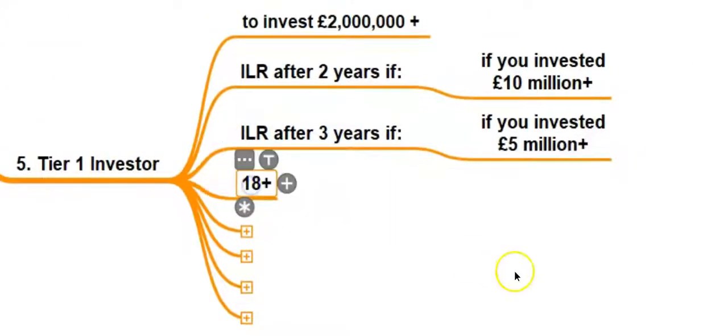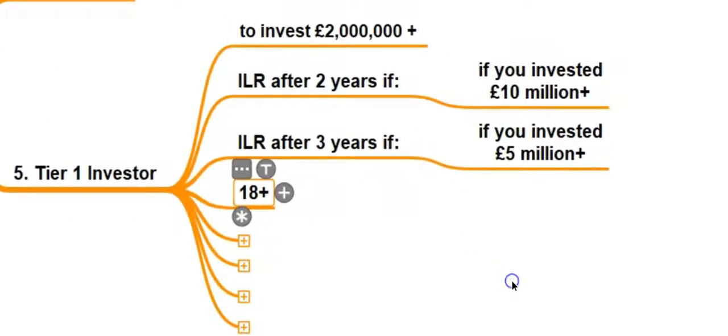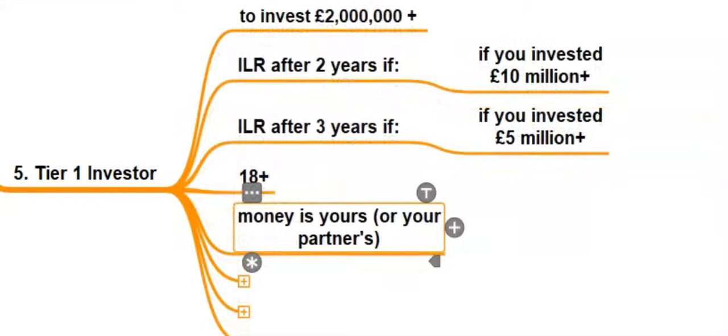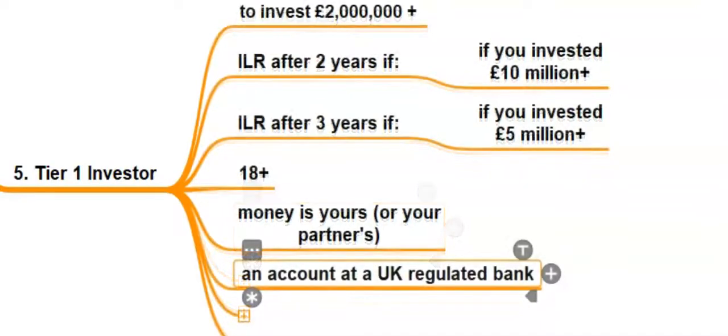And to meet the eligibility requirements, first of all, you will need to be over the age of 18. Secondly, you will need to prove that the money is yours, they belong to you or your partner. And by the way, it doesn't really matter if you are married or not, so you just need to prove that you have been residing together. Thirdly, you need to have opened an account at a UK regulated bank in order to use this account for your funds, and your fund must be at one or more regulated financial institutions.